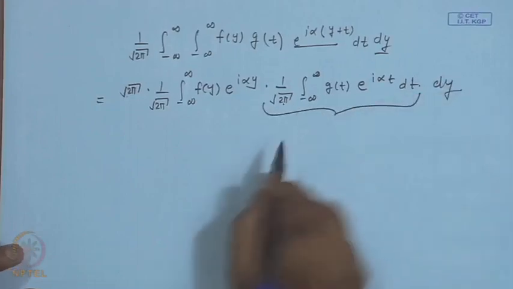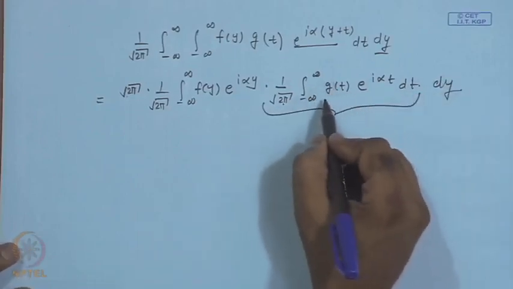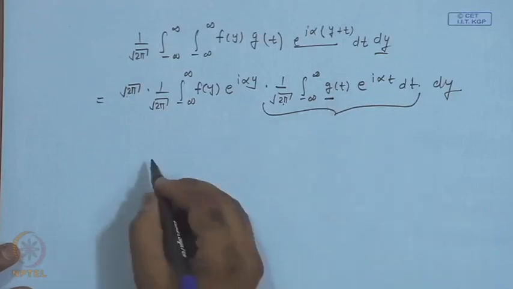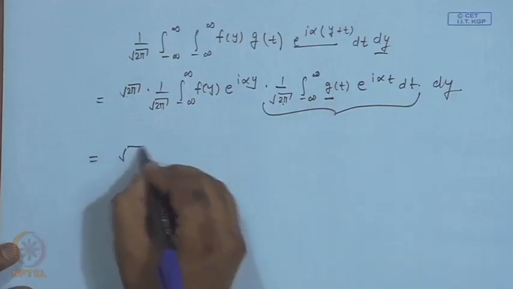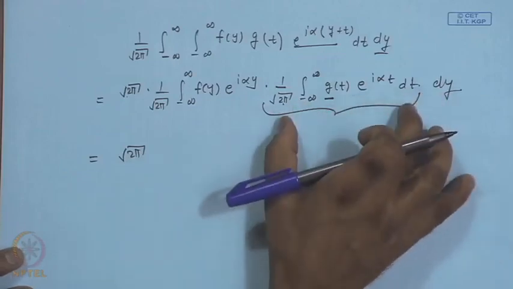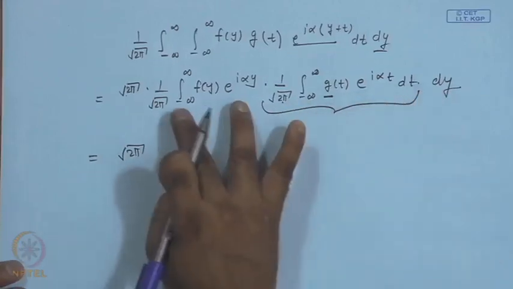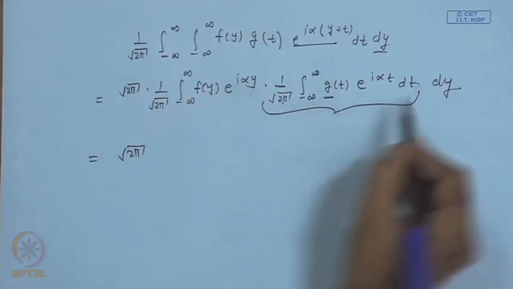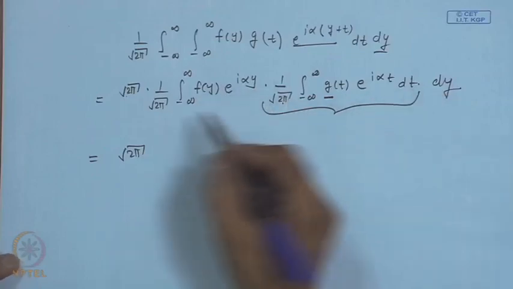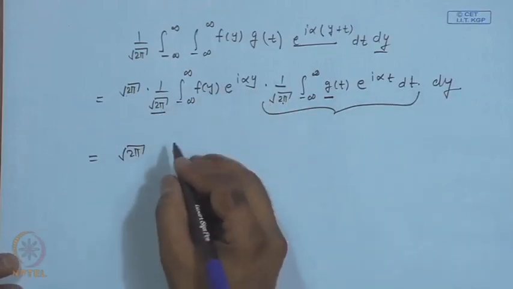So, this one, that is the Fourier transform of g. So, we have square root 2 pi. So, that is the Fourier transform of g, and then the remaining one, f(y) e^{iαy} dy, that is the Fourier transform of f.